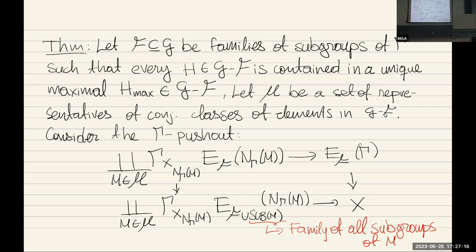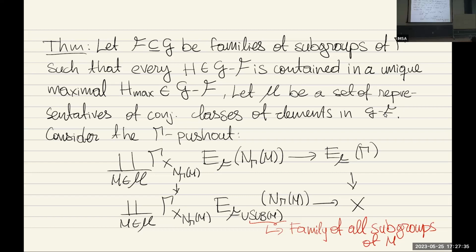Let mu be a set of representatives of the conjugacy classes of elements in the difference, and then consider the Gamma pushout. Note that this is similar to the pushout in the other case.